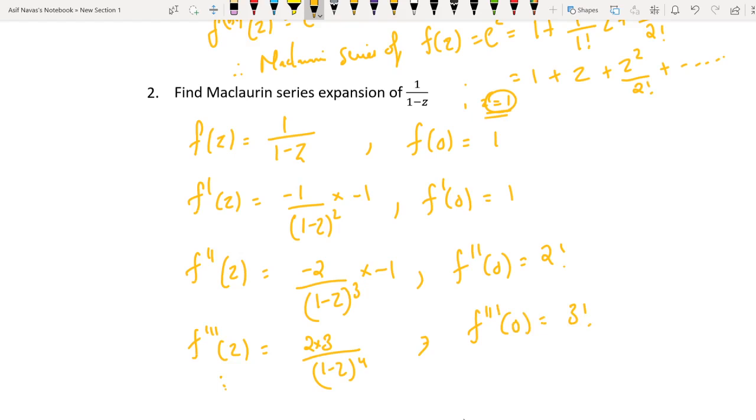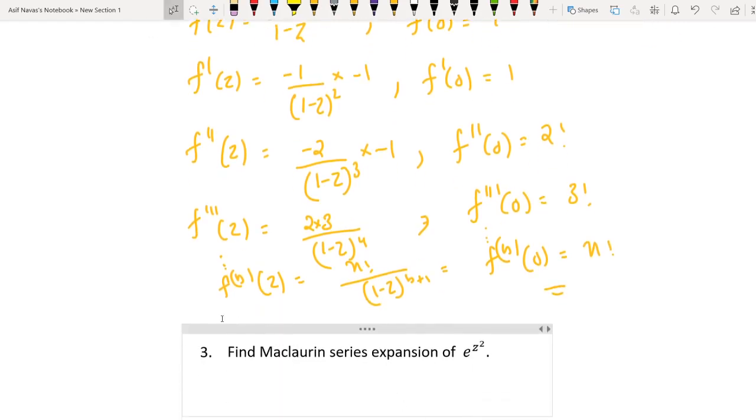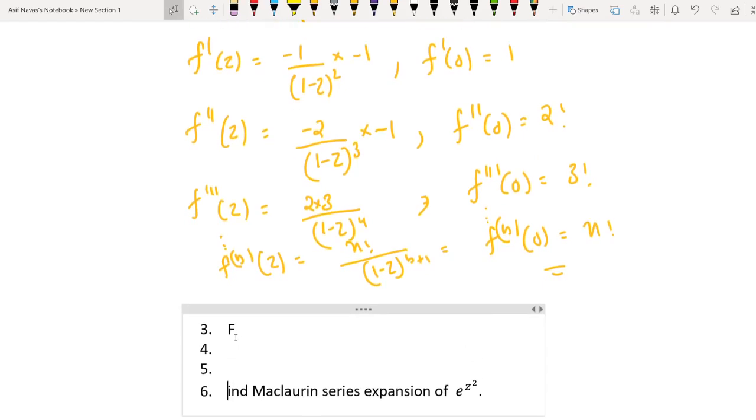If you continue like this, you will get the nth derivative of f at z is n factorial divided by 1 minus z all raised to n plus 1. So the nth derivative of f at 0 is n factorial.